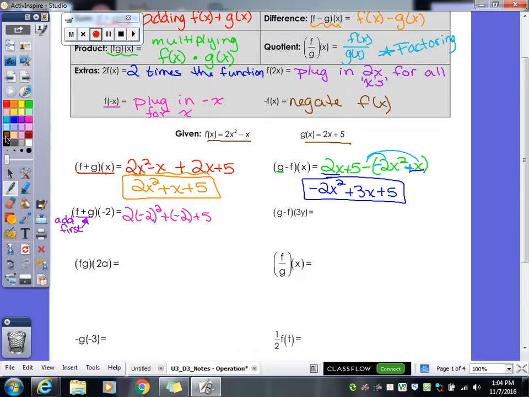Following our order of operations, -2 squared would be a 4. So I have 2 times 4 minus 2 plus 5. Which would give us as our final answer? 11. Because we would have 8 minus 2 gives us 6 plus our 5 gives us 11.